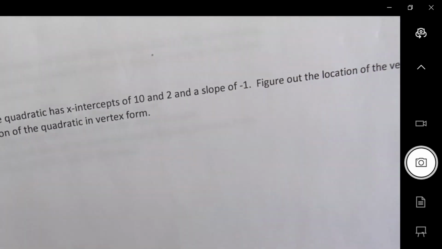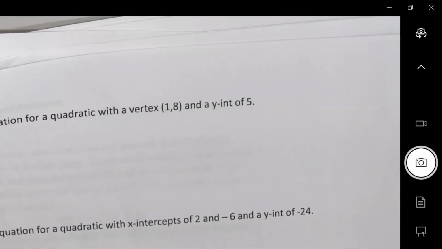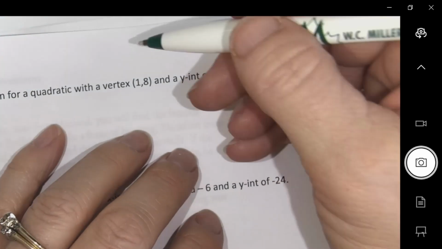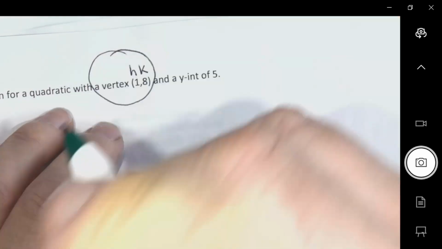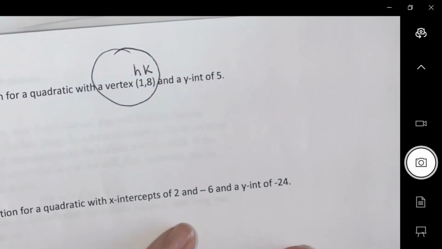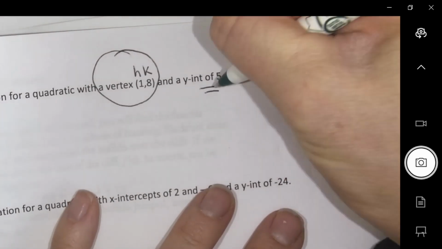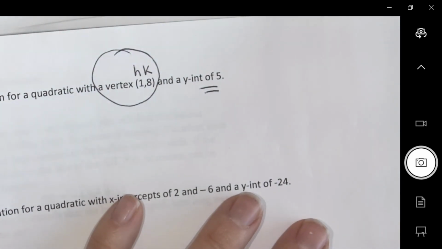Okay, next one. I was given a vertex. I'm going to put H and K on top of that. And I was given the y-intercept. Now this one is tricky.